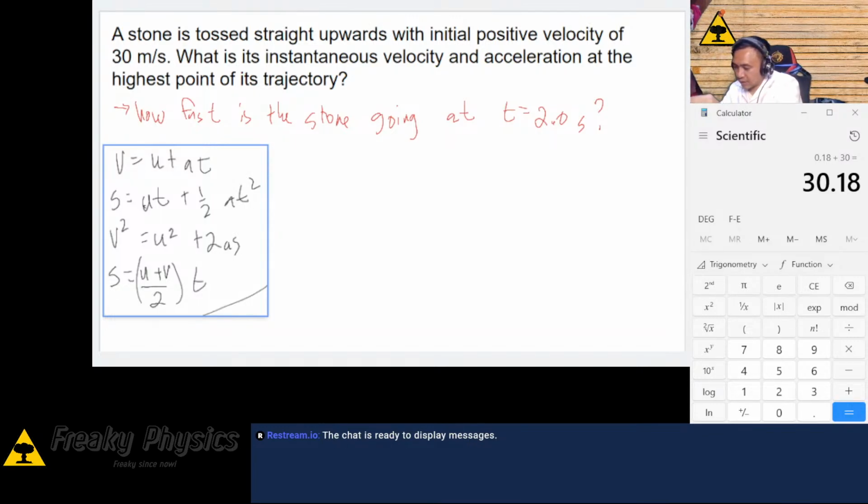What is its instantaneous velocity and acceleration at the highest point? Okay, I don't need to use the equations for this then, right? For the first part, no, you don't have to. But the one I gave you, you have to. Okay, so the first one, it's v equals 0 and a equals negative 9.81. Correct.